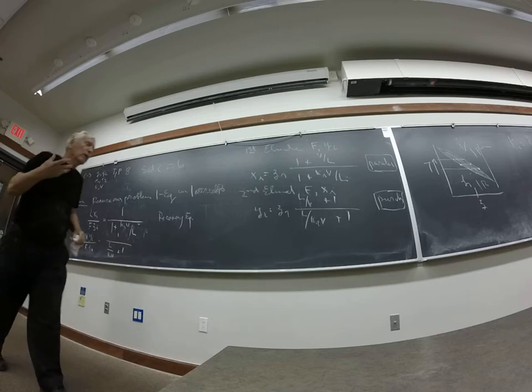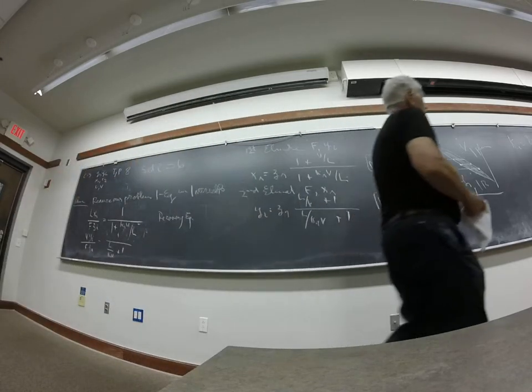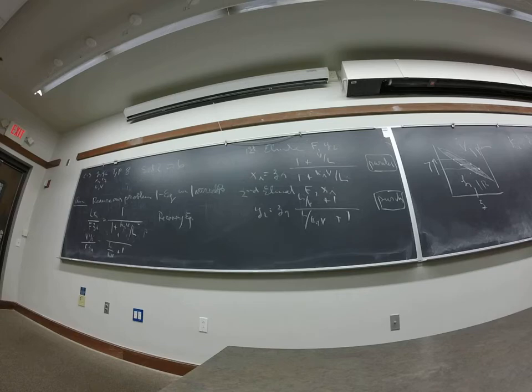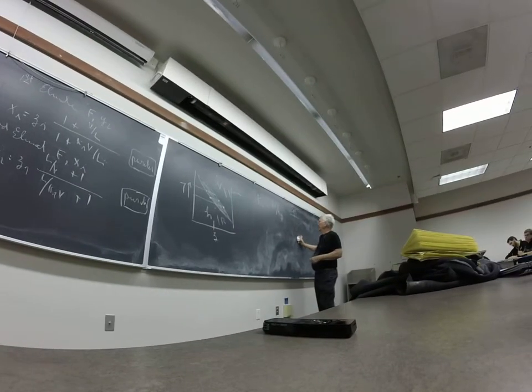So I've got 2 equations I'll call recovery equations, and 2 equations I'll call purity equations. And maybe what I ought to do is just write them up here in the corner of the board so we can sit here and enjoy them.